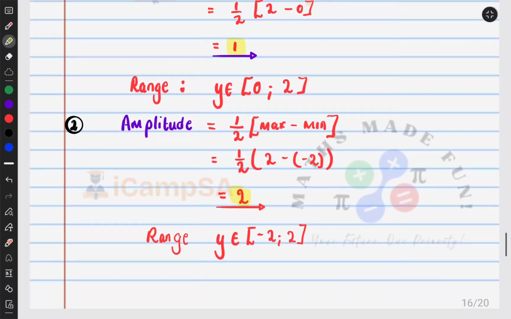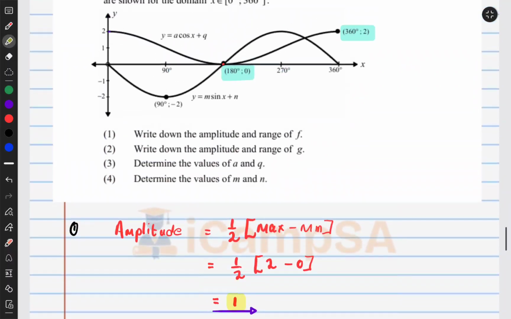If we use the amplitude, we can calculate the vertical shift, which is n. We can see from the graph that the function has not been shifted, so the value of n is going to be 0. But let's say you forget to do that. Let's use the coordinates to calculate the values of m and n.